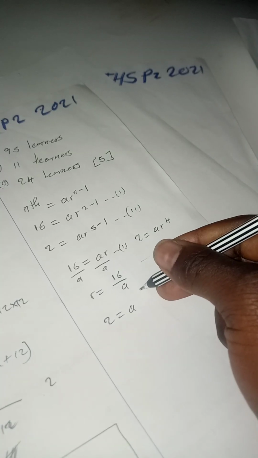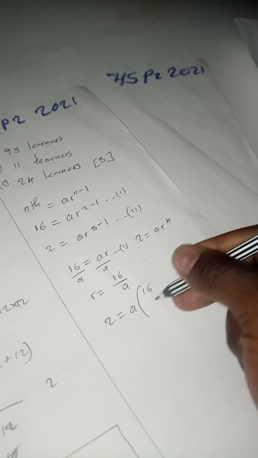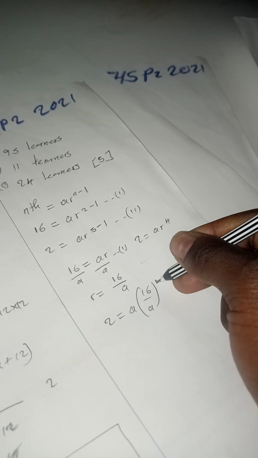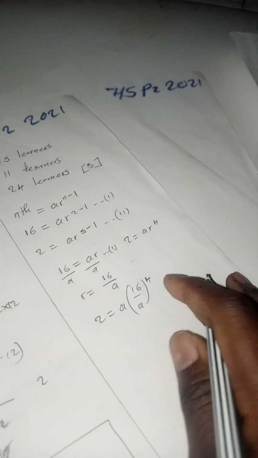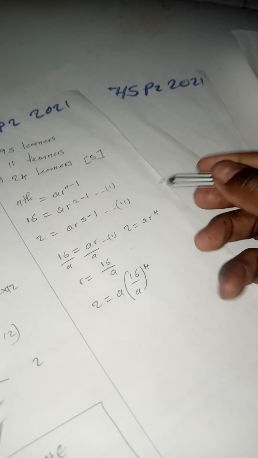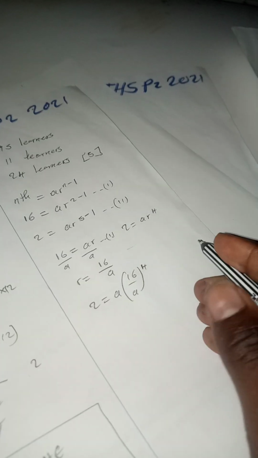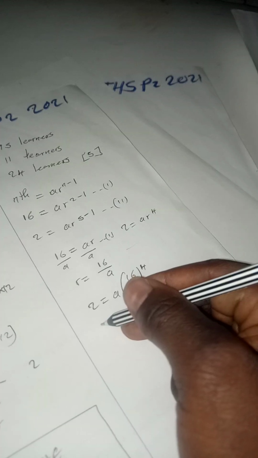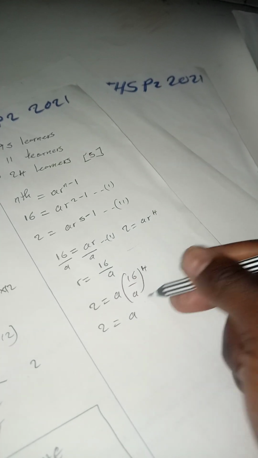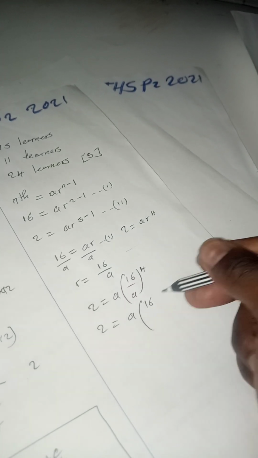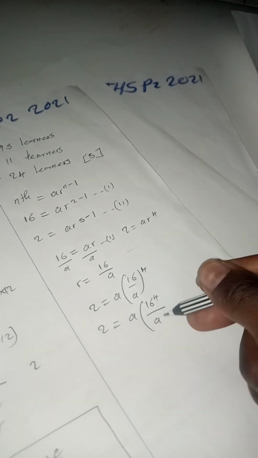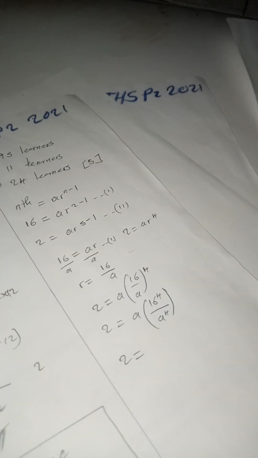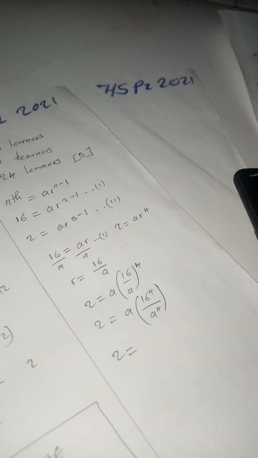So 16 over A. Then the fourth root is going to remain there, since we are just substituting where there is R. So first of all, let me just multiply this. So we are saying that 16 raised to the power 4 and A raised to the power 4.